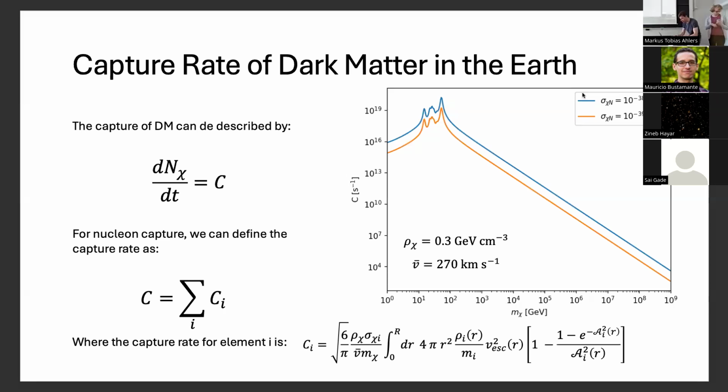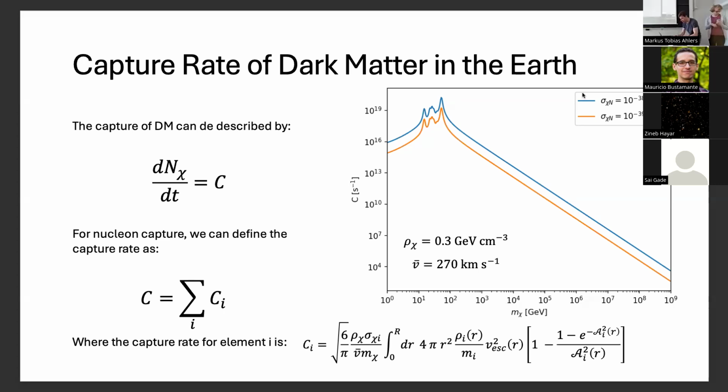We can then calculate it individually for each element inside the Earth, because dark matter will have a different cross section with each element, which is accounted for in the cross section of dark matter for element i. And we can sum all of those, weighted by how much each makes up of the Earth, to find the capture rate.